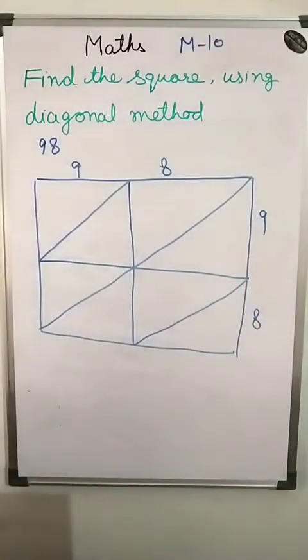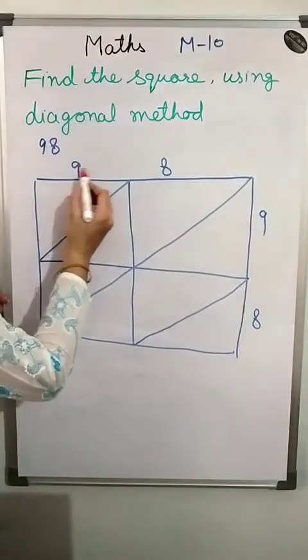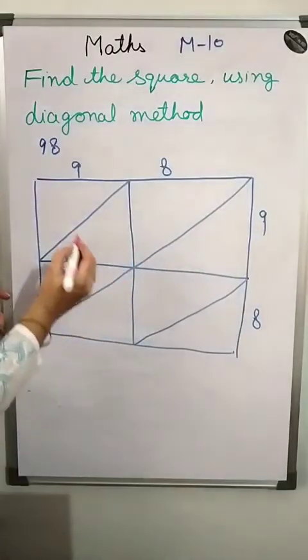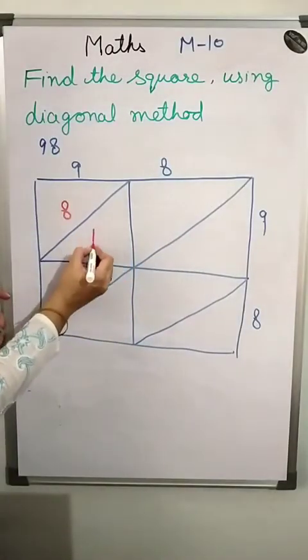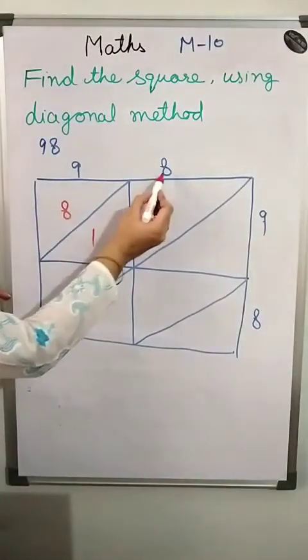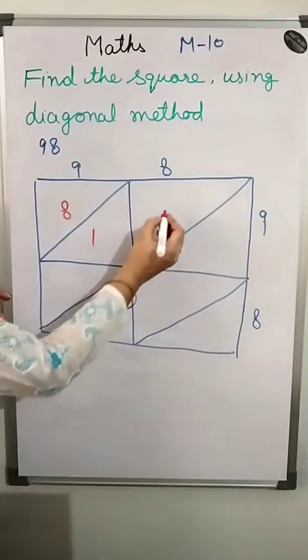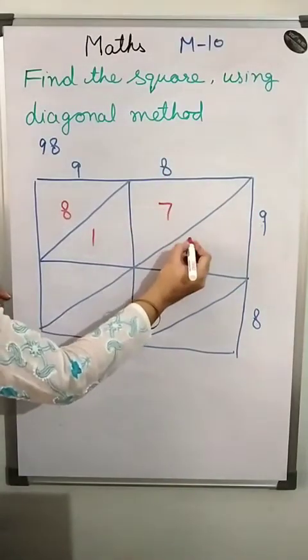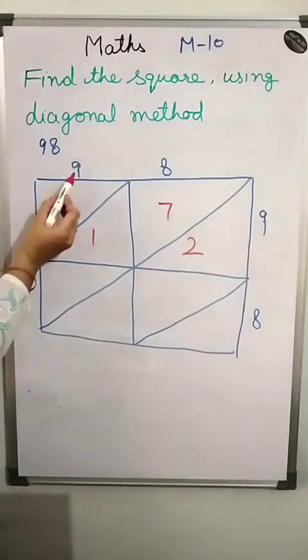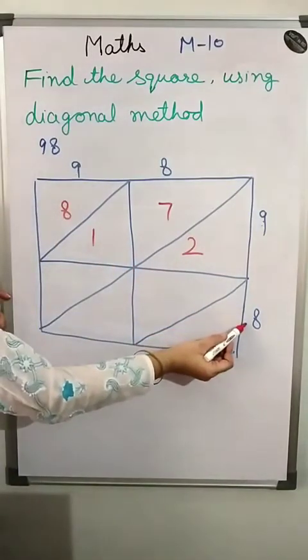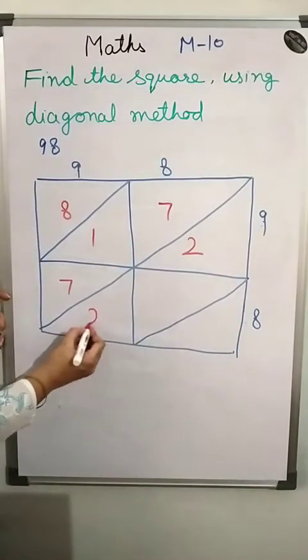Now see what we are doing here. First thing is that you multiply them. 9 into 9, 9 nines are 81. Here you write down 81. Then you multiply 8 into 9, 8 nines are 72. Then you multiply 9 into 8, 72.